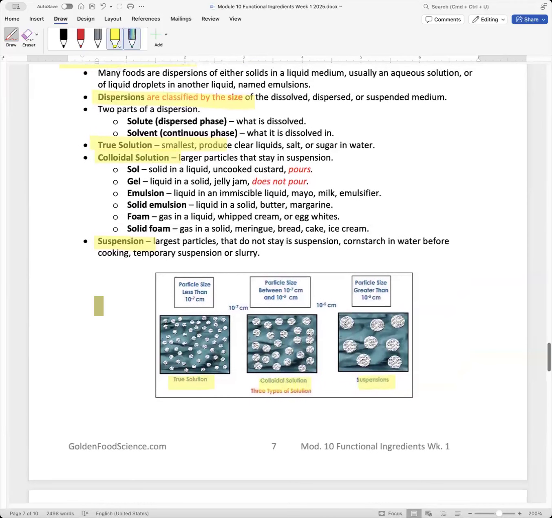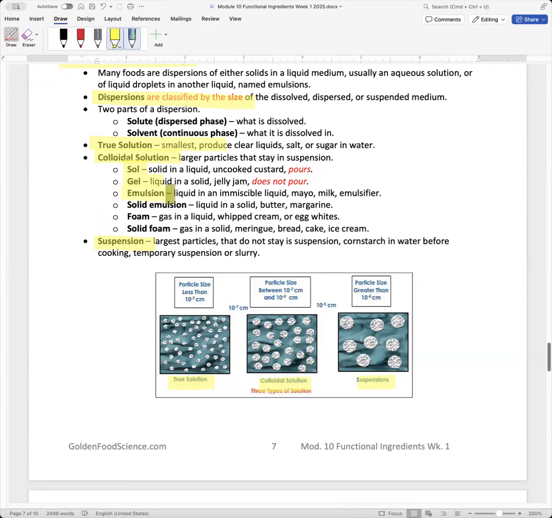If it's a colloidal solution and it pours, we call it a sol. Ketchup might be an example of that, something that pours, or it might be a gum that we've made and then we can pour. A gel is a colloidal solution that does not pour, like a jam or a jelly.